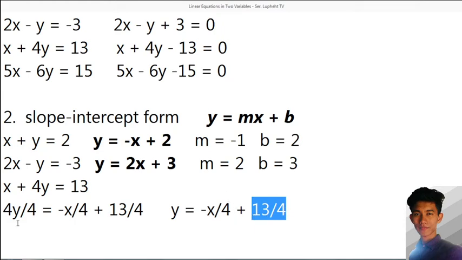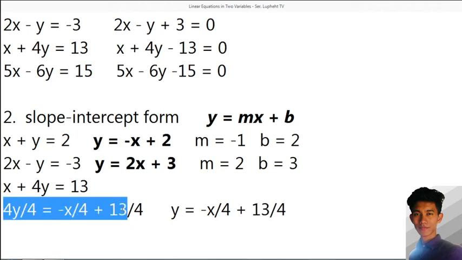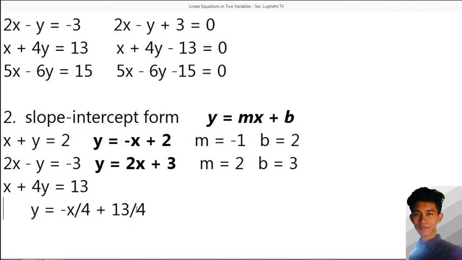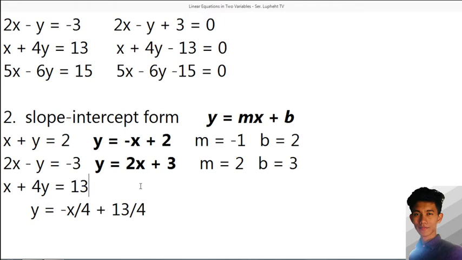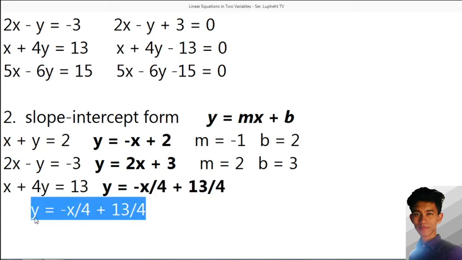Now, syempre, ang gusto nating malaman dito ay yung kanyang m and b. Okay? So, I have to delete this part. So, ano kaya ang kanyang m and b sa ganitong situation? So, let's have this. Now, pansinin po natin kung ano po yung kasama ng negative x.